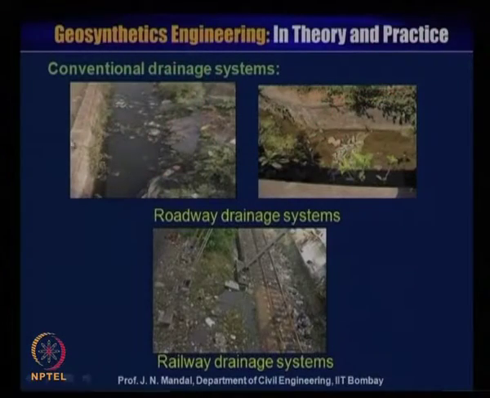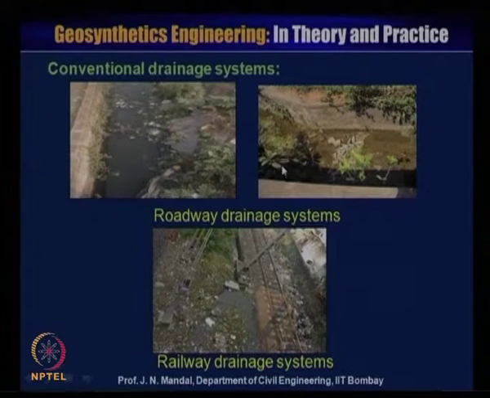So I am showing some pictures. You can see what the conventional drainage system is. This is the drainage, with lots of plastic bottles and paper waste just lying there, so it will be clogged.